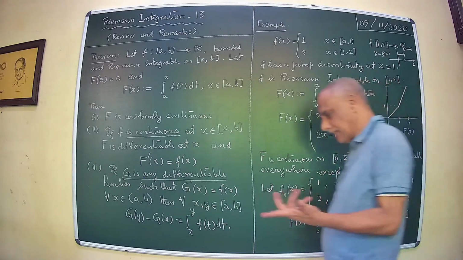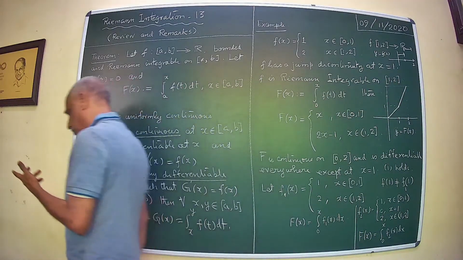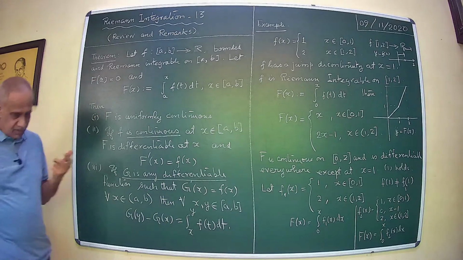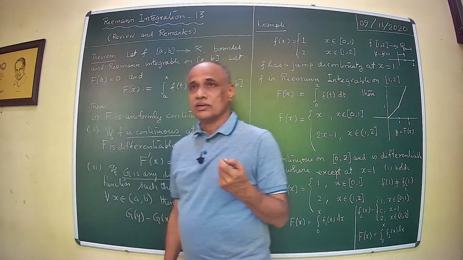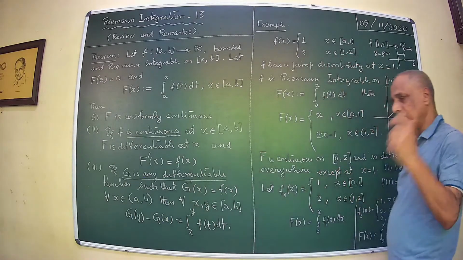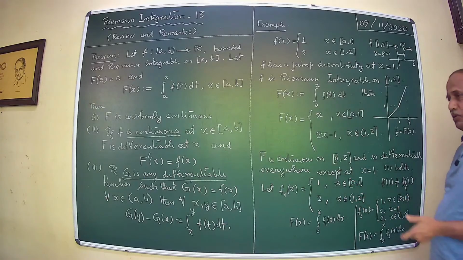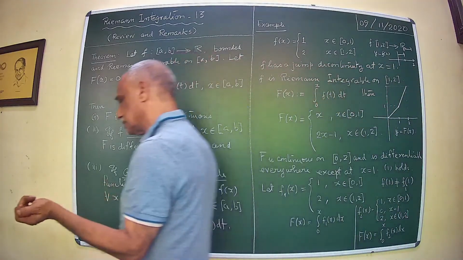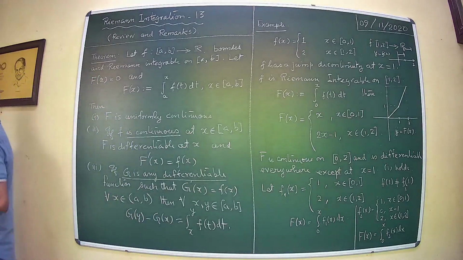Therefore, what is the anomaly? The anomaly is that the relation between a function and its derivative or a function and its antiderivative is not well defined. Okay.